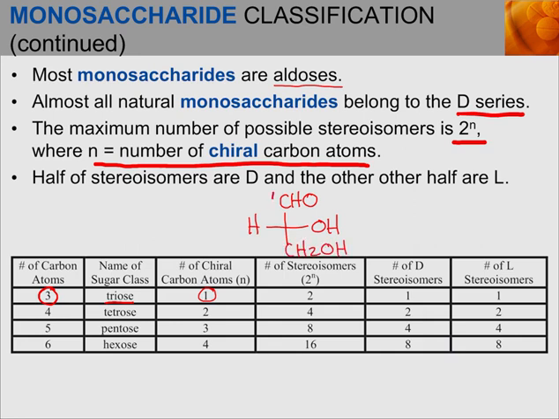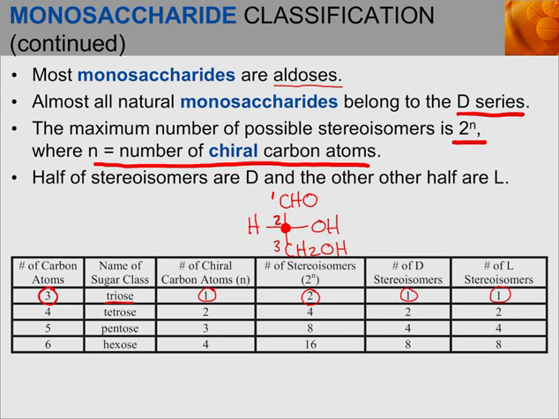There are only 3 carbon atoms there, and only one of those carbons is a chiral carbon. That means we would only have 2 to the 1, or 2 stereoisomers. One of those would be the D isomer and the other would be the L isomer.